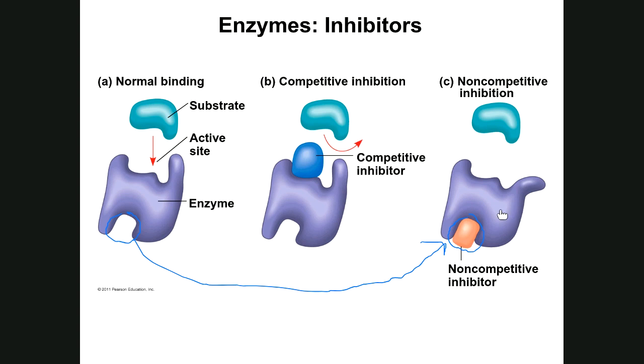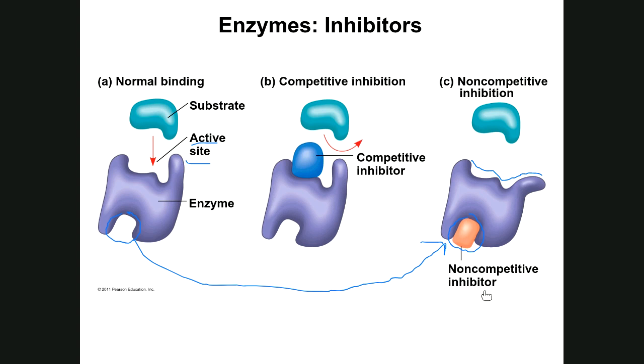And when the enzyme loses its normal shape, what else is lost? The shape of the active site. It no longer has the shape that complements the substrate. Therefore, the enzyme cannot bind to the substrate. Thus, this molecule has just inhibited the enzyme.